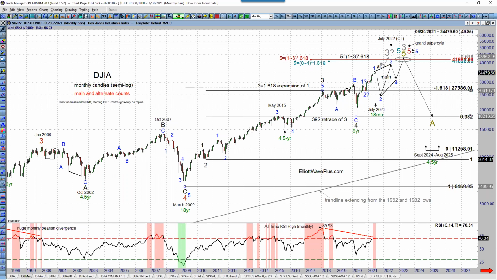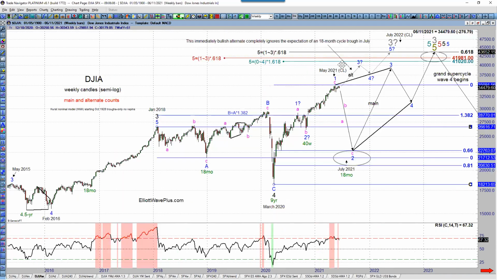The really interesting thing about that potential count, that we're putting in the end of wave 3 now, is that if that's wave 1, and let's say wave 3 is done here, wave 3 would be shorter than wave 1 was. So if we were going to get a non-overlapping diagonal and we were putting in the wave 3 top now, it would be a short wave 3.